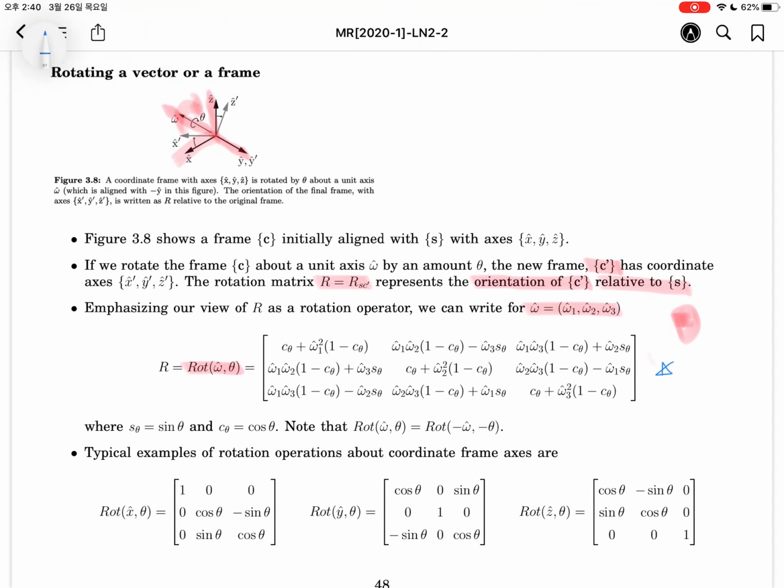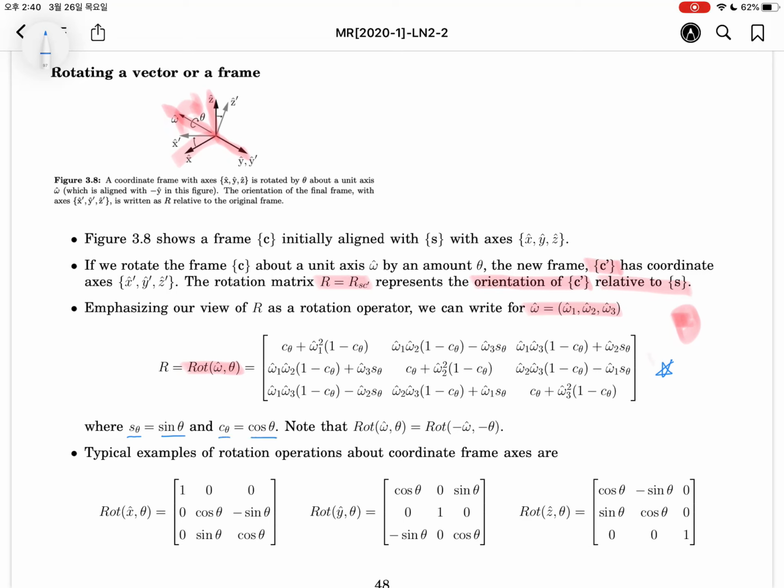Okay, this is obtained from the Rodrigues formula. It will be explained later, in the next section. Anyway, let's denote S theta for sine theta, C theta for cosine theta.